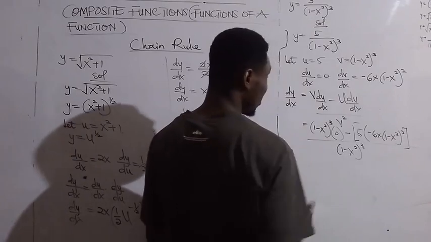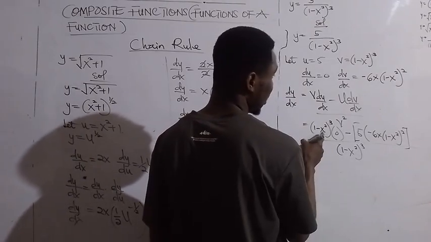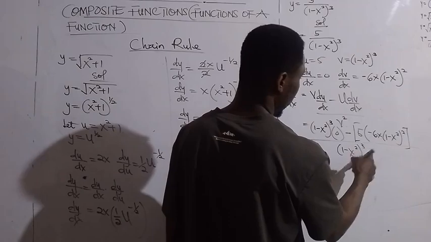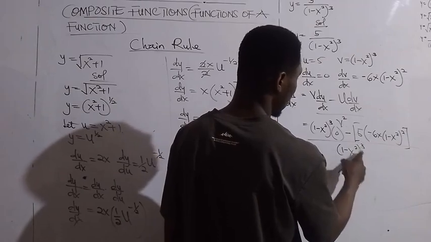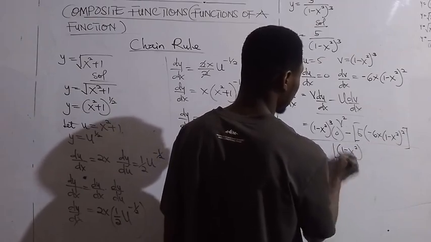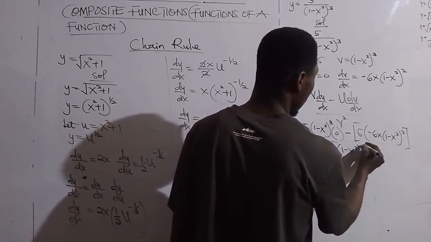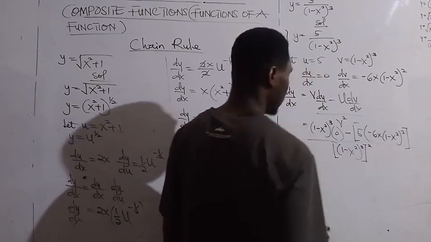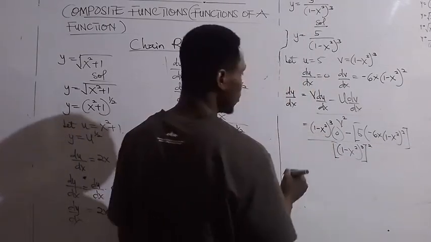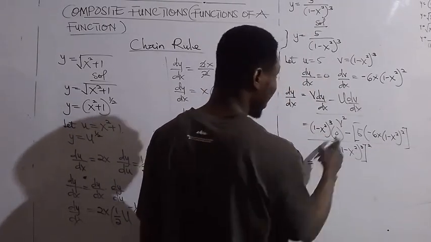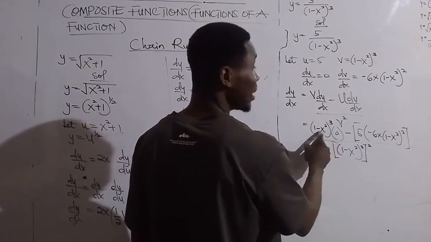So what do you think will happen? This will blow. Everything here. So this will be, let me put the thing over. V is 1 minus x squared exponent 3, all squared. So what will happen? This and this will go, because 0 multiplying it will go.